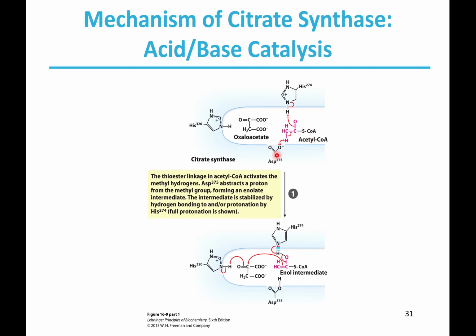There's an aspartic acid that takes a proton from acetyl-CoA, and ultimately, if you follow the electrons, the carbonyl here takes a proton from histidine, which would be the base. So we have the acid and a base, and you get this enol intermediate.